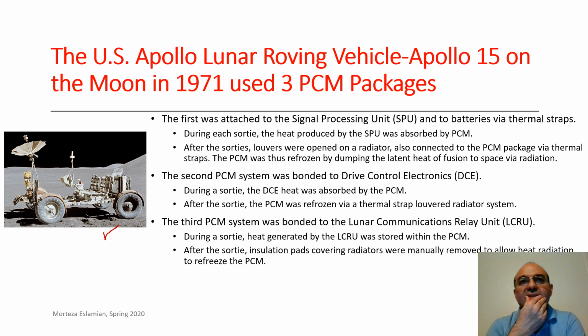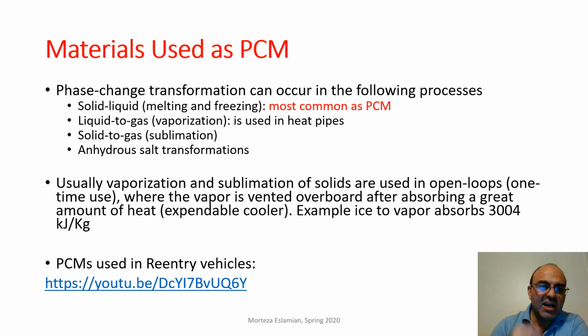But since then, it has not been used in many missions, because in satellites usually heat pipes, optical coatings and blankets are used. So PCM is used for missions which do need a complex thermal solution. Also for re-entry vehicles and space suits.